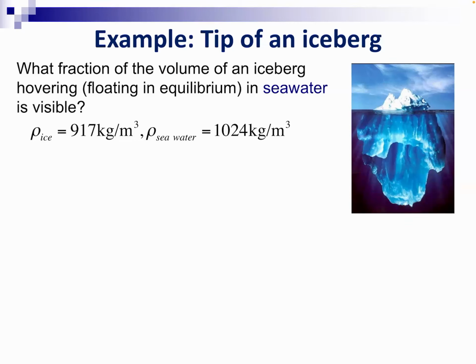In this example, we want to find what fraction of the volume of an iceberg that's floating in equilibrium is visible. The iceberg is in seawater. The density of seawater is given here, and the density of ice, which essentially is the density of the iceberg, is also given here.